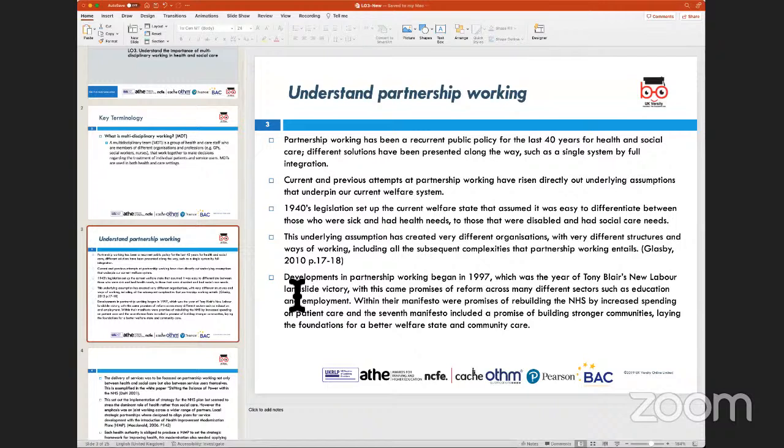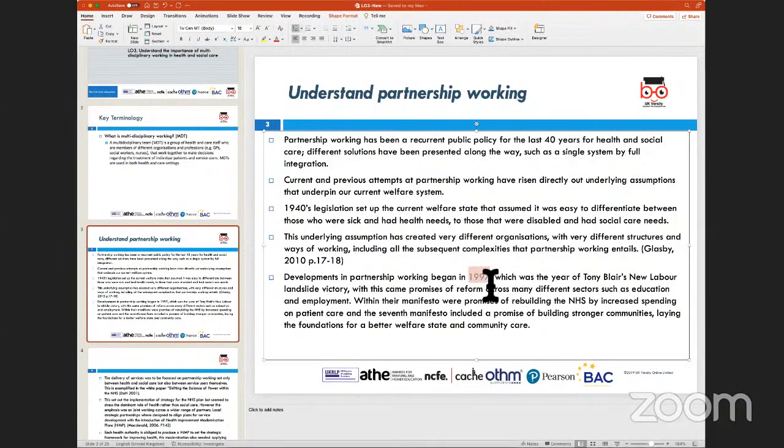And this concept of partnership was introduced in the NHS, the National Health Service, by the then Labour government in 1997. Tony Blair, who was the Prime Minister then, established this concept of public-private partnership, which is now quite instrumental in helping deliver services within the health and social care sector.